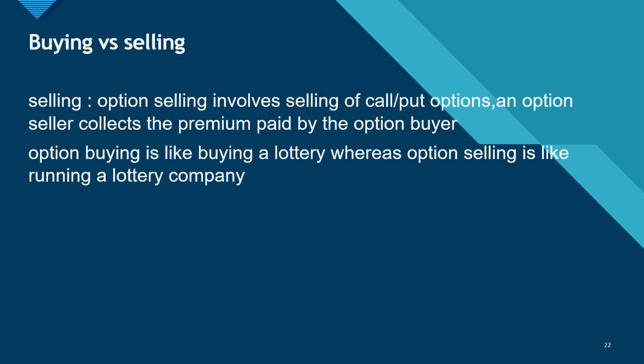You will have a 1 in 100 or 200 chance of getting success, whereas option selling is like owning a lottery company, where you collect the premium price of the lotteries and you will make money.